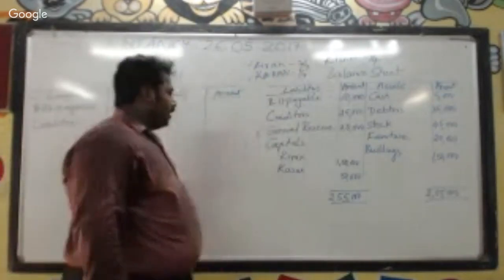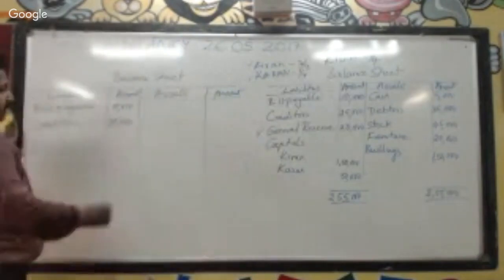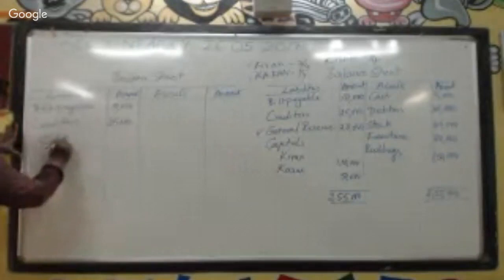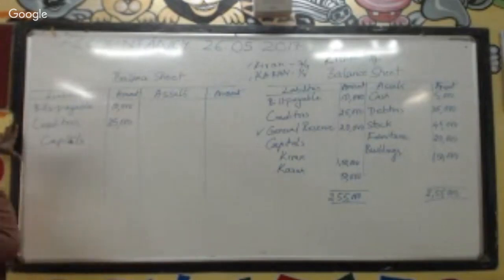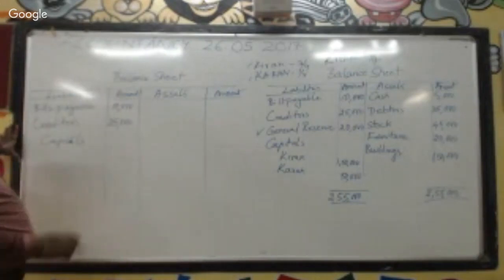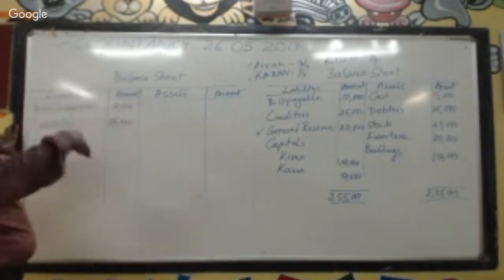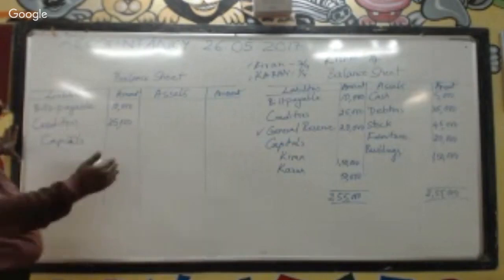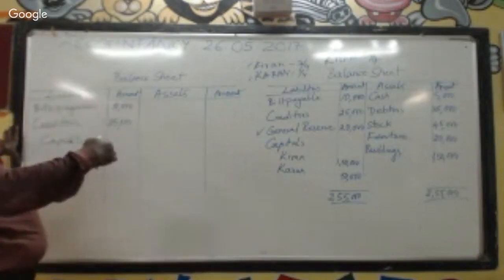Next, coming to the capitals. This is very important here. So whose capitals? Kiran, Karan, and Kishore, who is a new partner. He came with 45,000. That also we need to show in the new balance sheet because he's going to enter into the partnership.